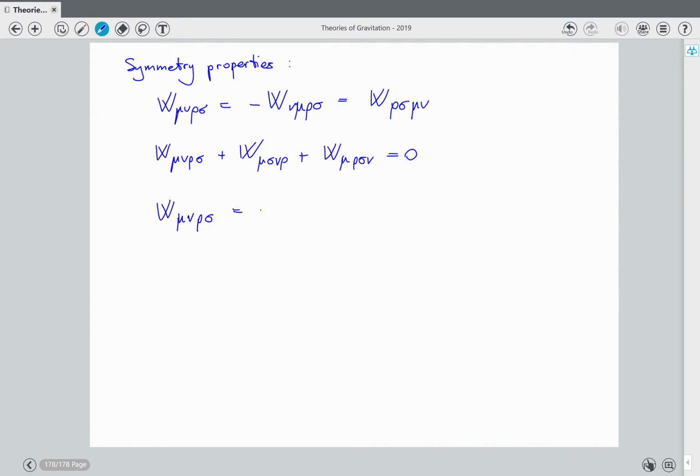W mu nu rho sigma is equal to minus 1/4 epsilon mu nu alpha beta epsilon rho sigma gamma delta W alpha beta gamma delta. Actually, no, I cannot write it this way. Careful here. Cannot write it this way. Have to resort to flat space indices.